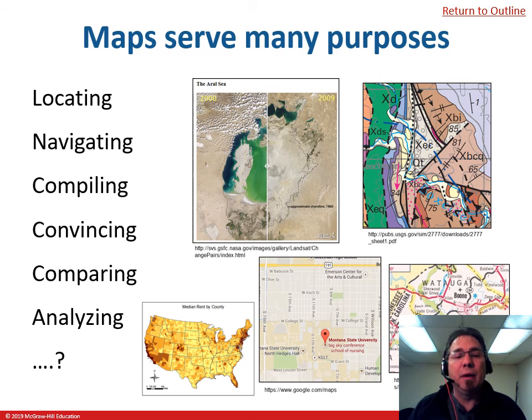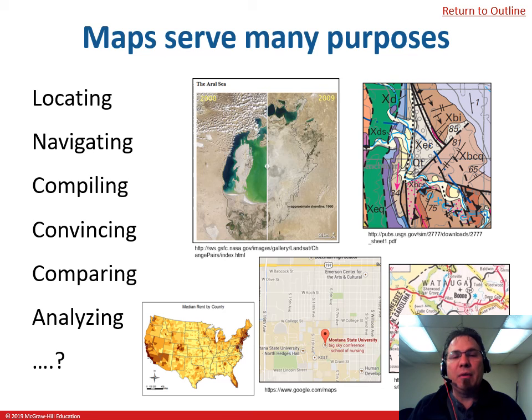Convincing maps. If I'm a new zoning administrator for a local city, who do I need to convince, let's say the taxpayers, to allow me to buy up some land to place a new mall on, a strip mall. Comparing, sort of a before and after type of map.